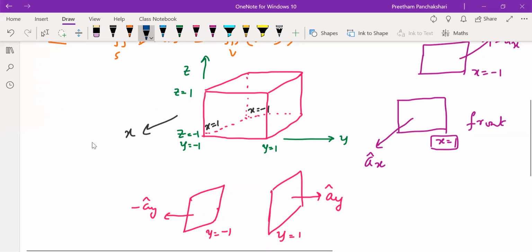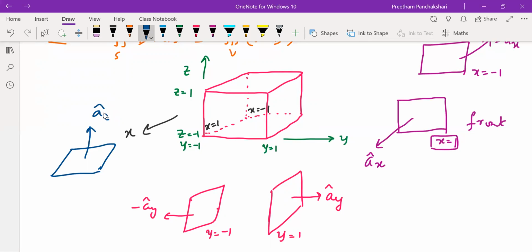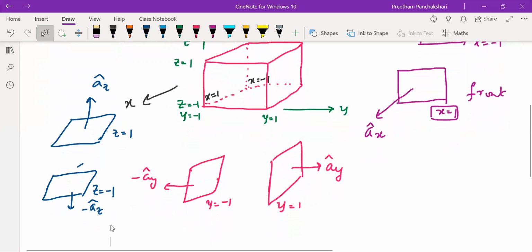Similarly, the top surface of the cube is perpendicular to positive z-axis and located at z equal to 1, whereas the bottom surface is heading downward, located at z equal to -1. So identifying these directions becomes very important in rectangular coordinate system.